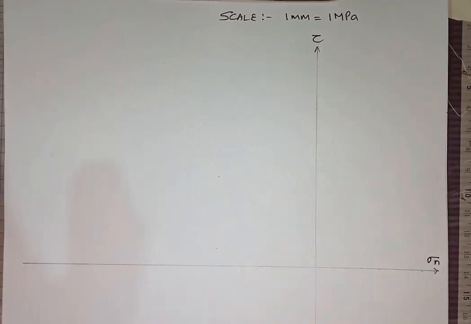Now first let us start with plotting of the points. In order to plot the points, we need to know the coordinates of 2 points. Only then will I be able to draw the line, locate the center of the Mohr circle, and then draw the circle.